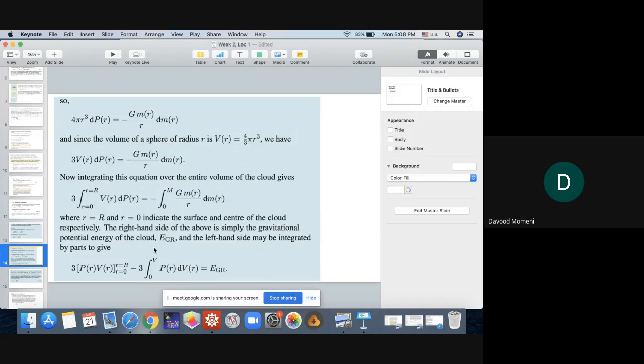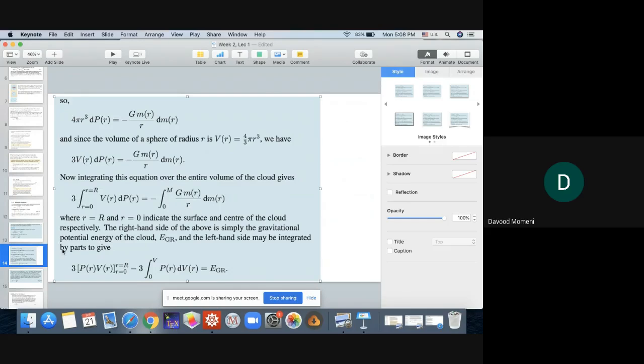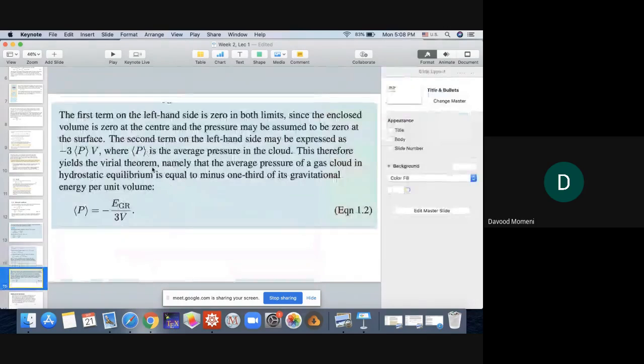On one side, you will find the integral of G m dm over r. This is the gravitational energy. On the other side, you get something like a thermodynamic pressure multiplied by volume. Finally, if you divide this by the total volume, you will get the average pressure.